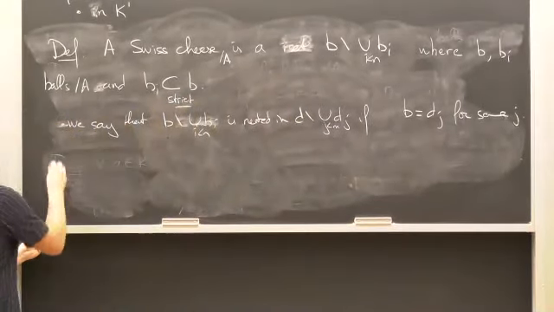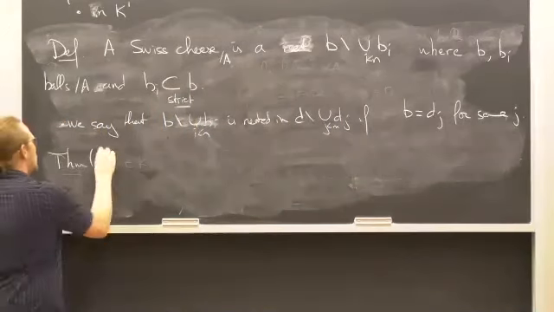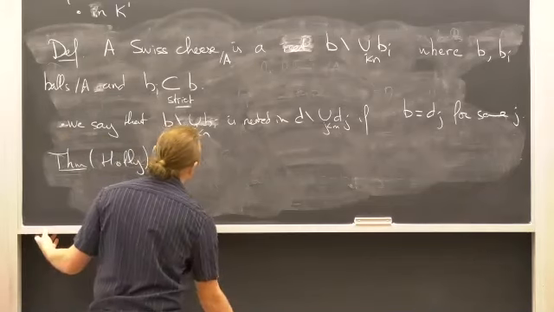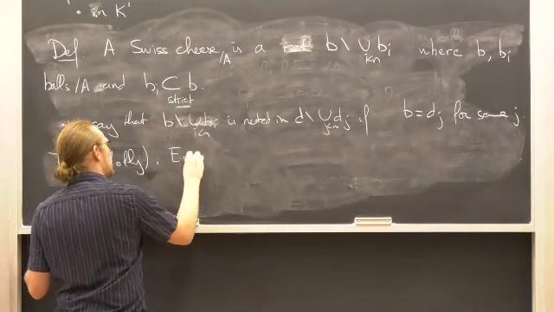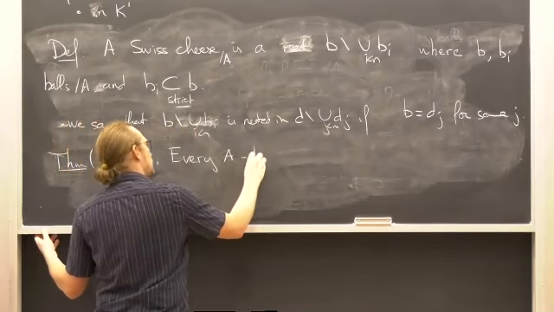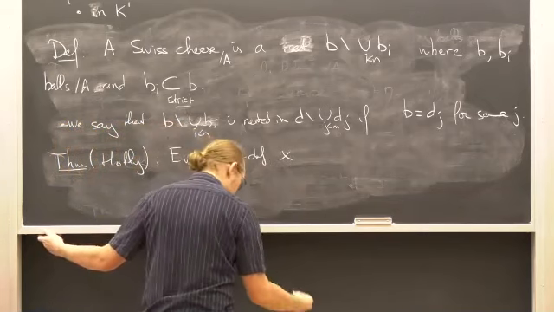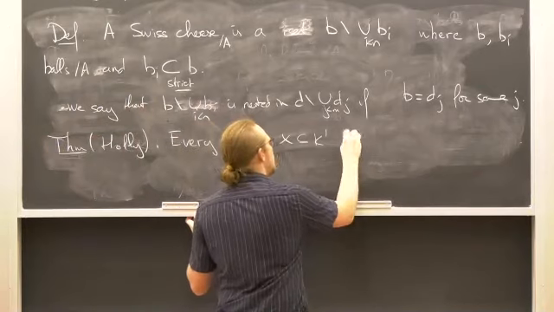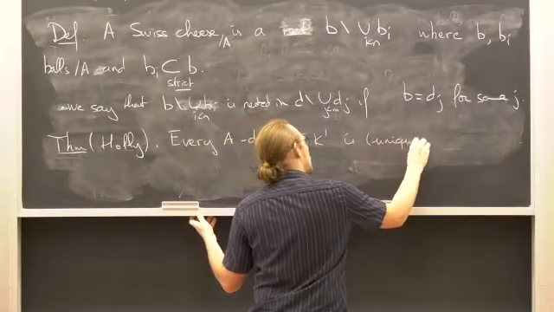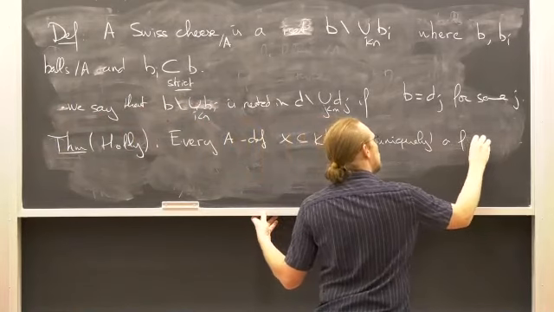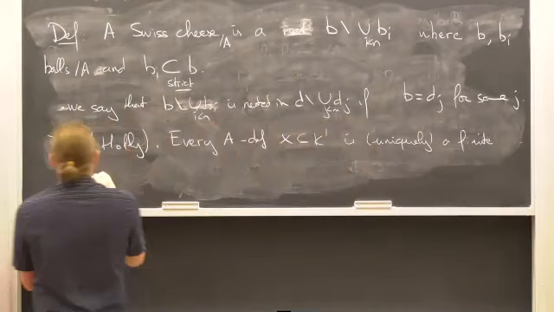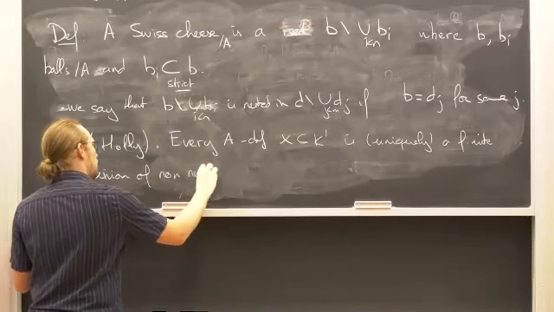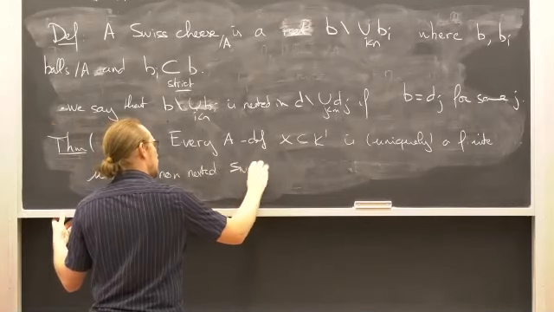Okay, and the theorem we've essentially just proved is that every definable set X inside the affine line is uniquely a finite union of non-nested Swiss cheeses.